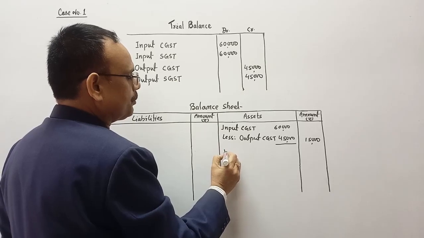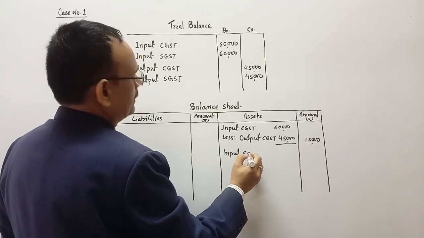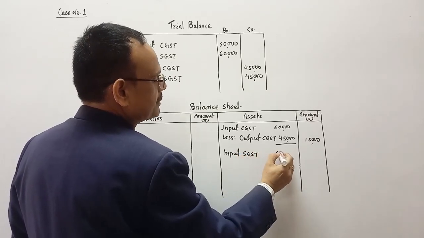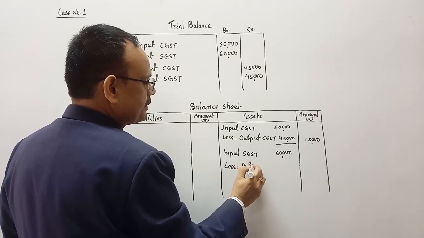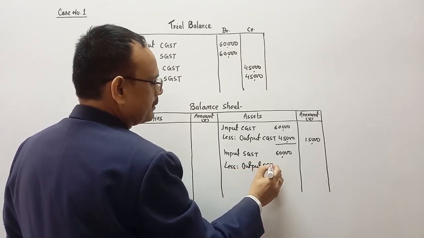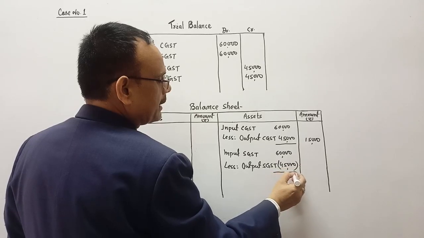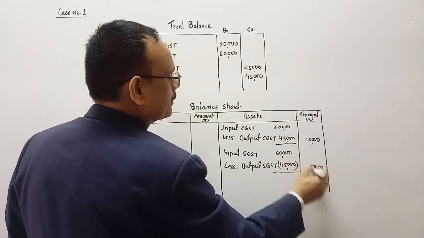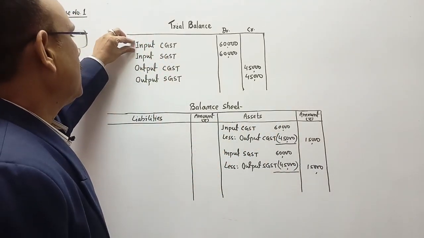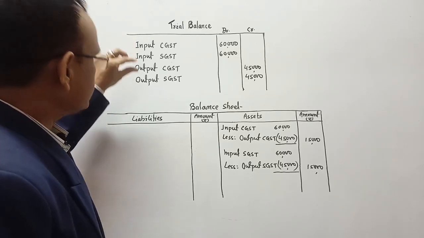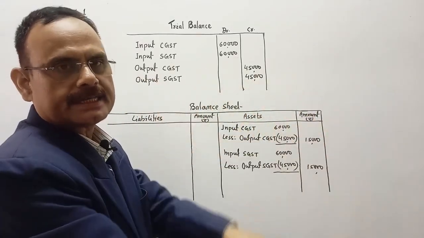You write here input SGST 60,000 less output SGST 45,000, you deduct it and write the amount in the outer column, because input CGST and input SGST is more than the output CGST or SGST, so this will be reflected in the asset side.